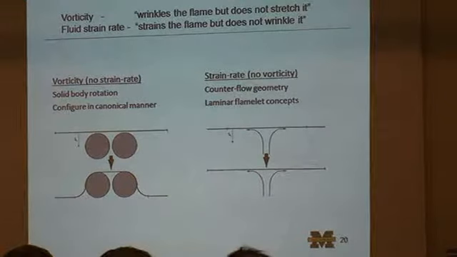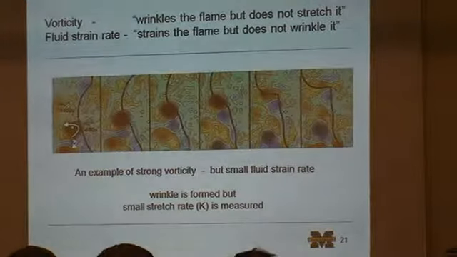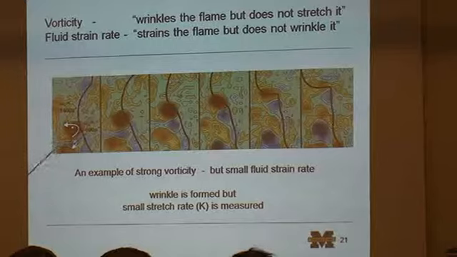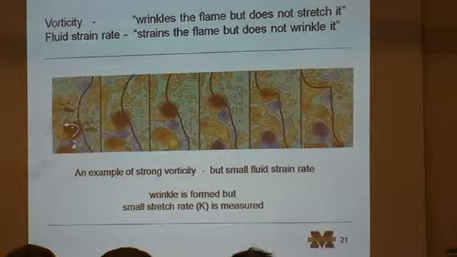So the idea is maybe we should be looking at this data in terms of vorticity or strain, depending on what we want to understand. And it appears that this saying is approximately true, that the vorticity field tends to wrinkle the flame, but it's the strain structures, which are somewhere else, which tend to strain the flame and increase its flame area.